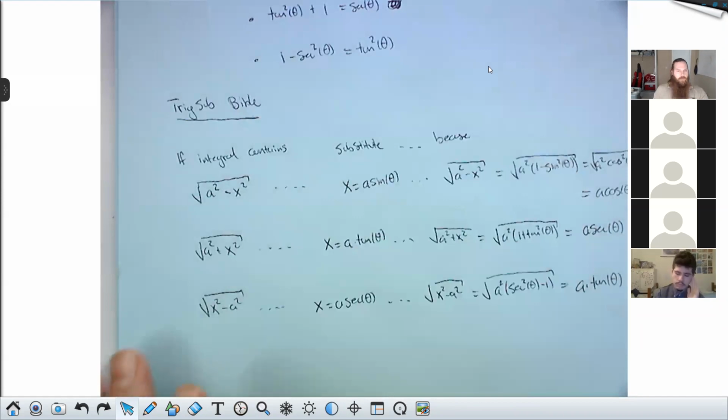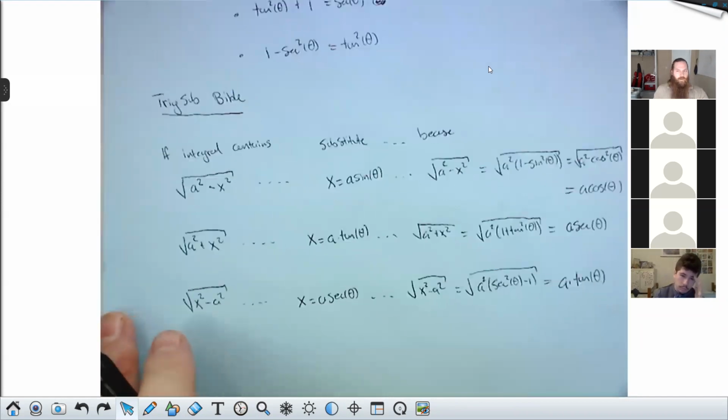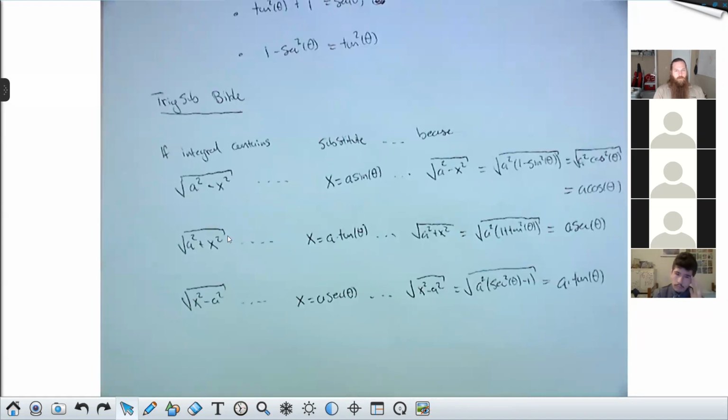So we either substitute for sine, tangent, or secant, depending on what's in the integral.